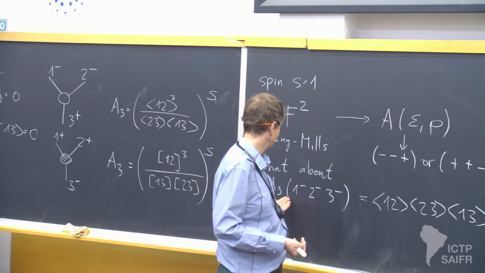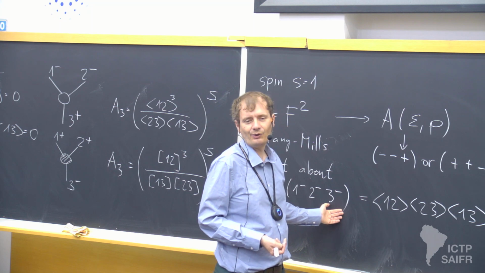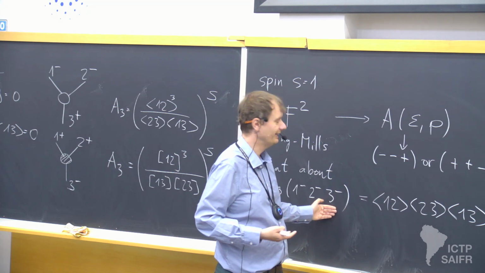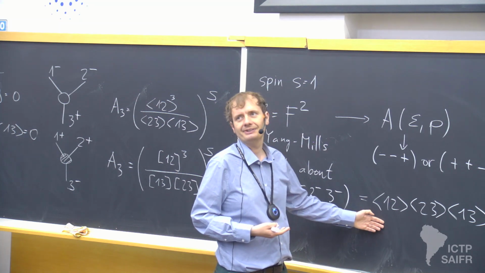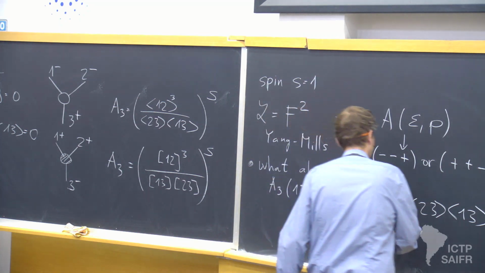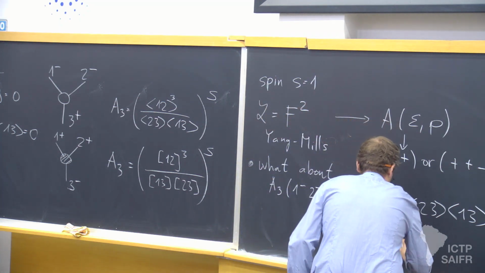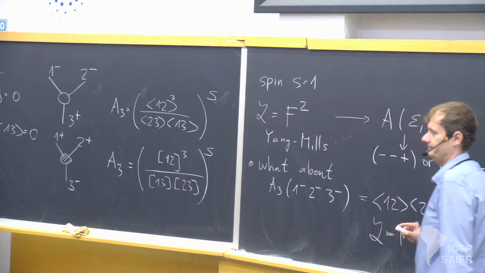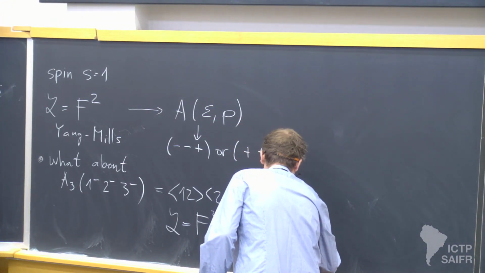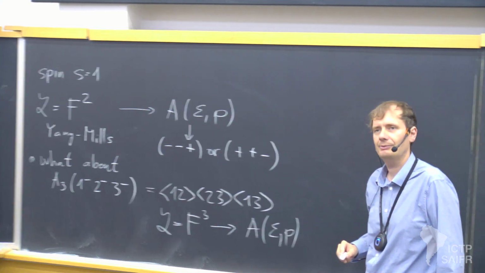Does anybody have any idea what the Lagrangian for the theory for which this is a 3-point amplitude can be? F cubed. Yeah. So in that case, if you take the Lagrangian to be F cubed, you can calculate from that, again, the amplitude in terms of polarizations and momenta.